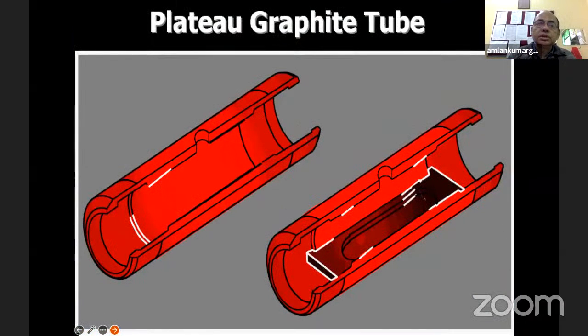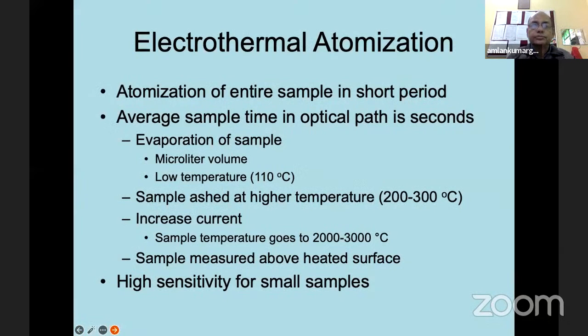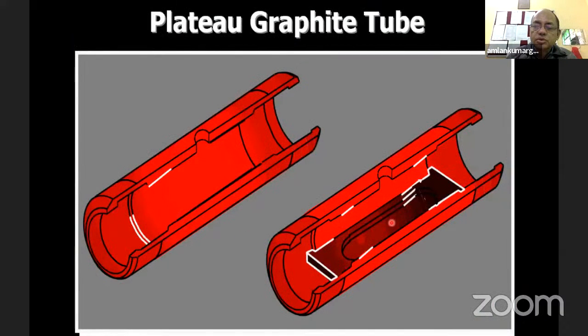So this, you see, is the graphite tube, and here is the hole through which the samples are placed on the graphite tube. A very small volume of sample is put here. You see, it is a very small hole, so you have to insert the sample over here.